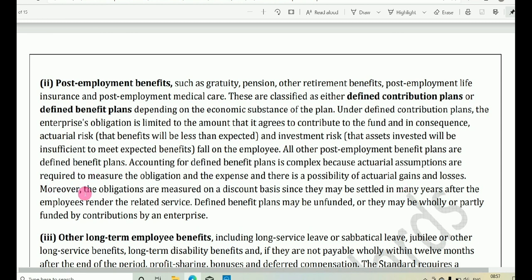Moreover, the obligations are measured on a discounted basis since they may be settled many years after the employees render the related services. Defined benefit plans may be unfunded or they may be wholly or partly funded by contributions by an enterprise.